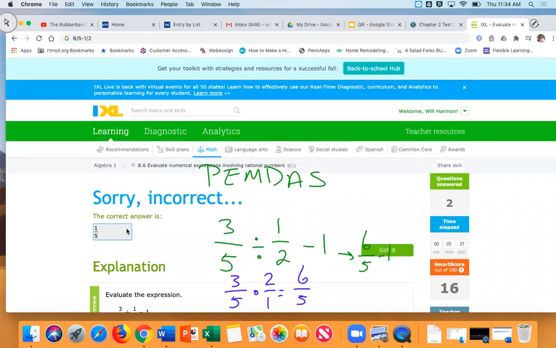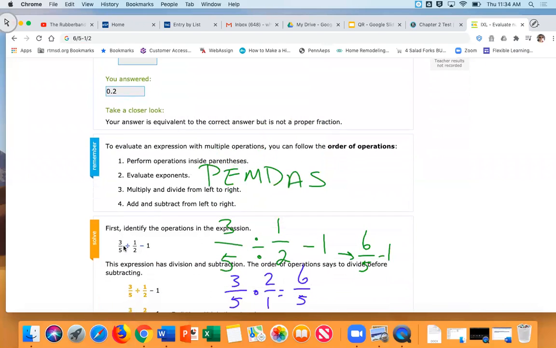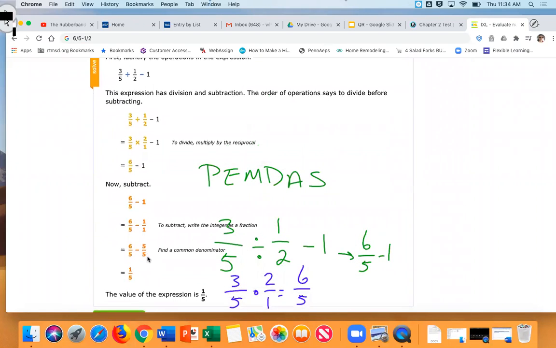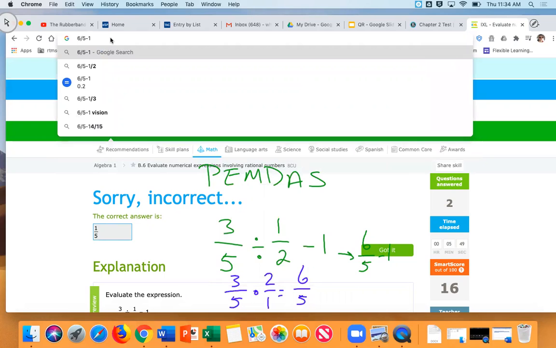Now, why did it say it was incorrect? Because it wasn't a fraction. So what we have to do here is when we type these in, I need it as a fraction. Now, this is nice because it gives me a decimal, but do you see why it's important we have a calculator?